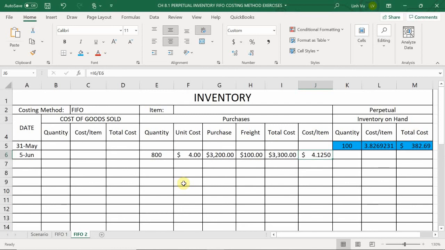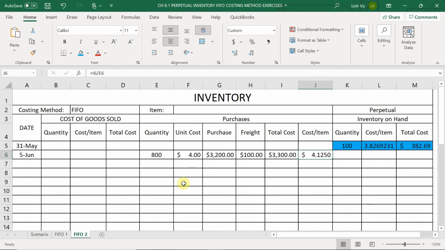Because think about it, in reality, can you charge a customer half a penny? No, you would have to round it. That's the same situation here for cost of goods sold. Your journal entry has to be in terms of dollars. Can you journalize half a penny?